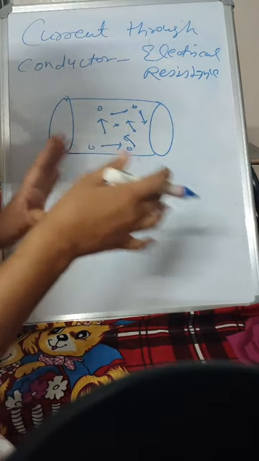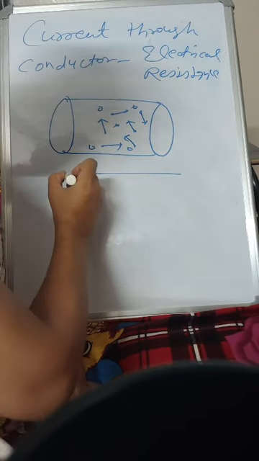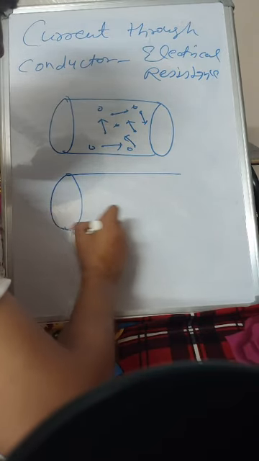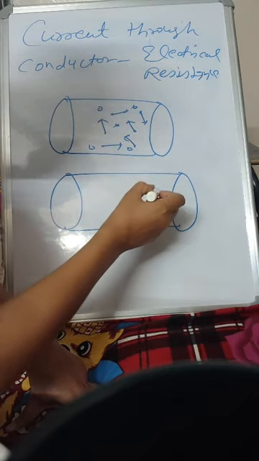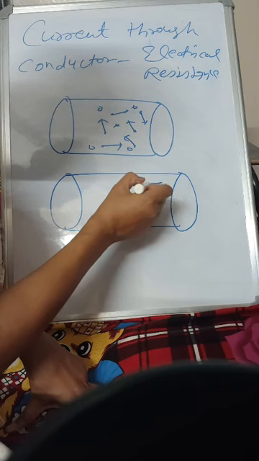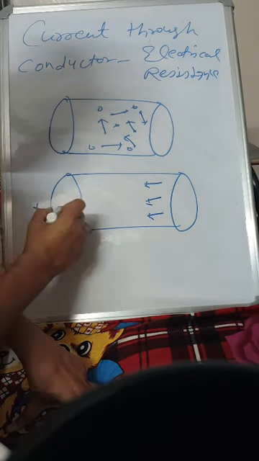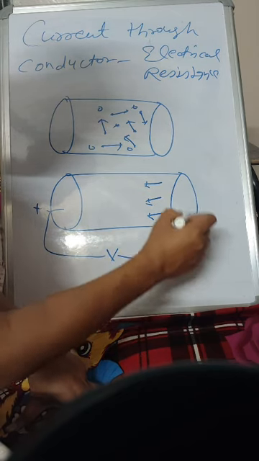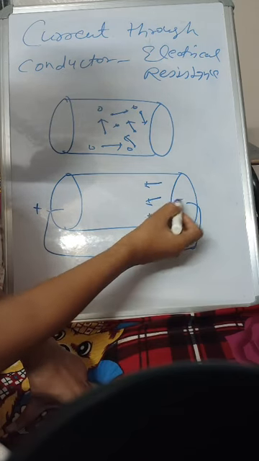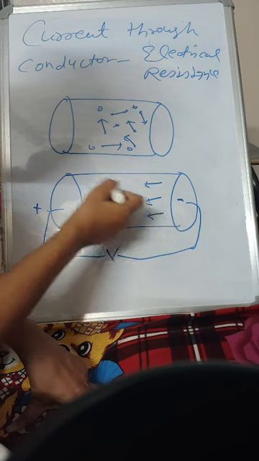So if we apply a potential difference across such a conductor, what will happen? All these electrons which are in random direction will align themselves along a certain direction. So here we apply potential difference. All these electrons will drift from the negative terminal of the conductor toward the positive terminal.